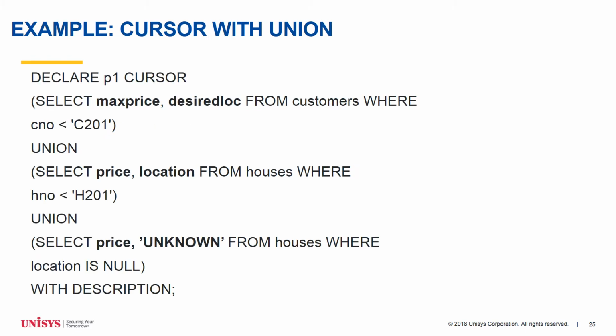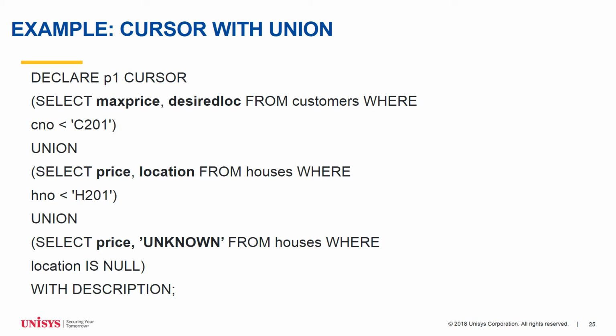Here is an example of a union between two different tables. Before this feature, this operation would only be allowed if the size of the max price column in the customers table is defined as the same size as the price column in table houses, and the size of the desired loc column in customers is defined as the same size as the location column in table houses.